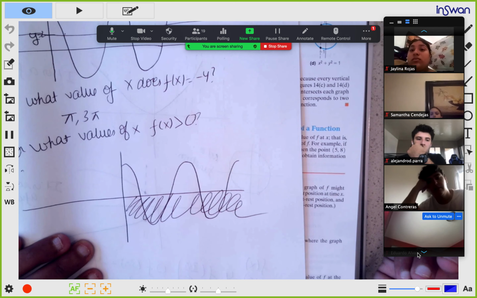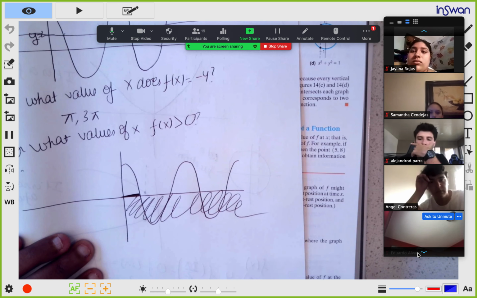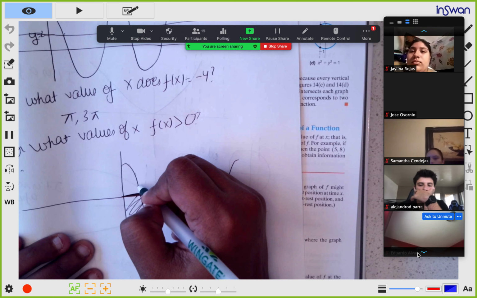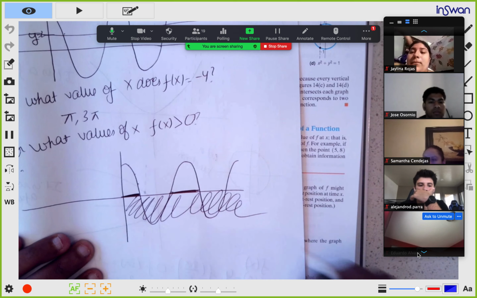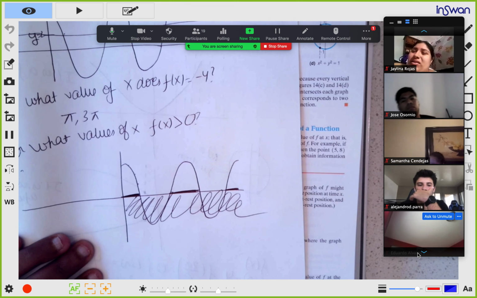For what values of x? For all these, my y value is positive. If I take this, my y value is positive. For this point, my y value is positive. Even within this range, my y value is positive. So it will be in a domain form.